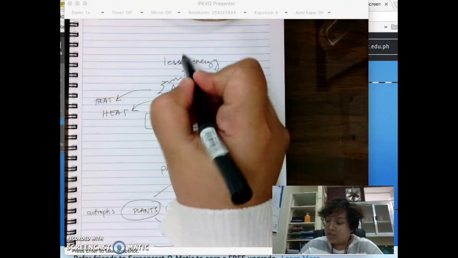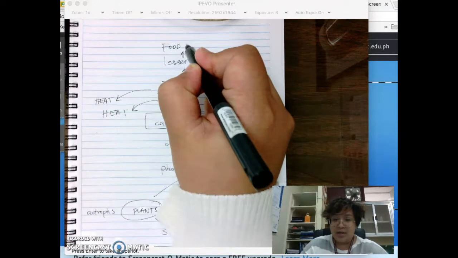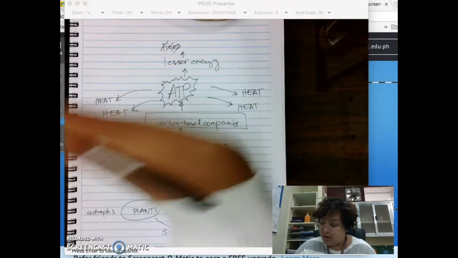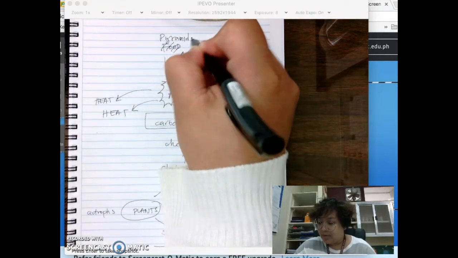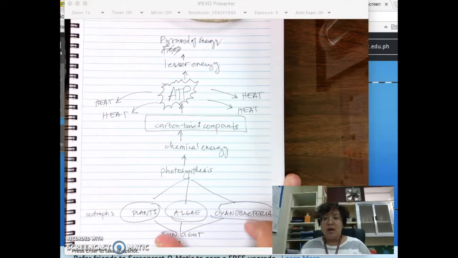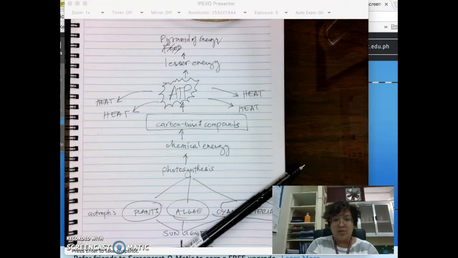This leads us to the concept of pyramids of energy. You might be familiar with an image here that represents a pyramid of energy, but let me just tell you, this is an inaccurate representation of pyramids of energy.